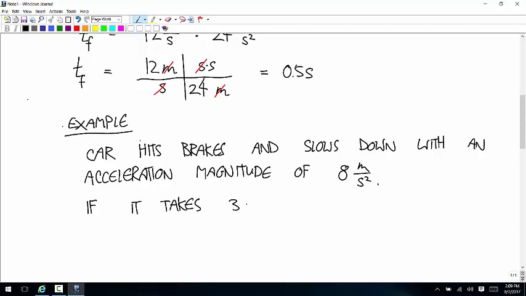If it takes 3 seconds for the car to stop, how fast was the car going to start with?